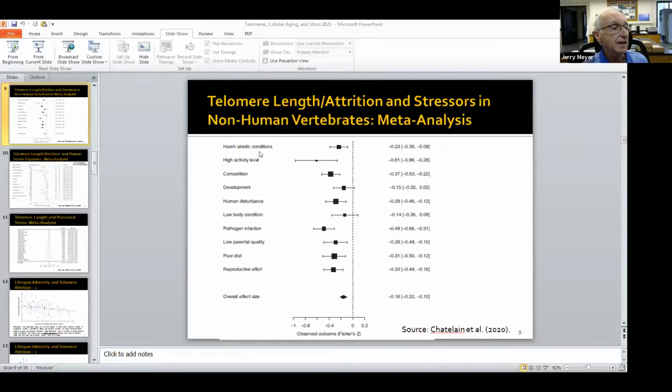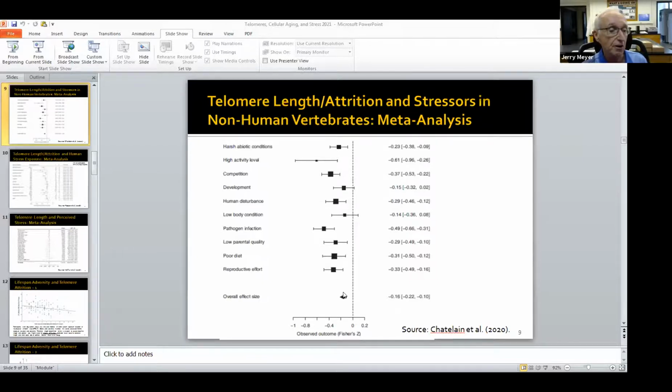So you see examples here: harsh abiotic conditions, activity level, competition among animals in a species, human disturbance of habitat, pathogen infections, a whole bunch of different things. And these show the degree of estimated telomere shortening with the 95% confidence intervals.